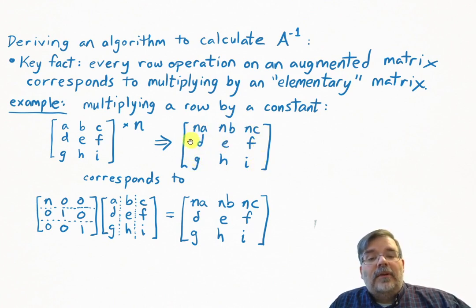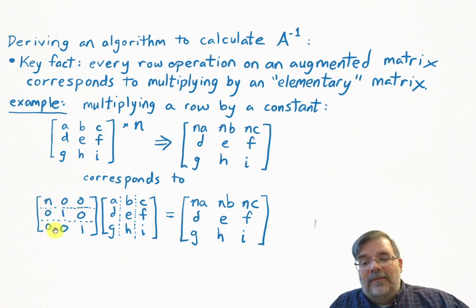Another way we could have arrived at this result would be to take this matrix and then multiply it by this matrix, n 0 0, 0 1 0, 0 0 1. Right? It almost looks like an identity matrix, except that in the first row, the 1 is replaced by an n.